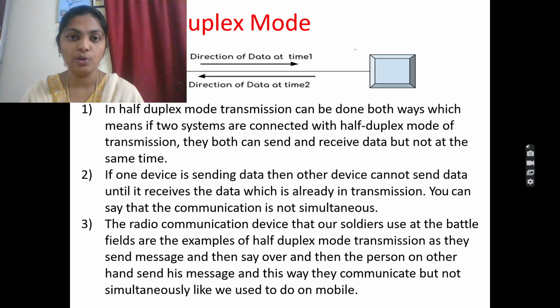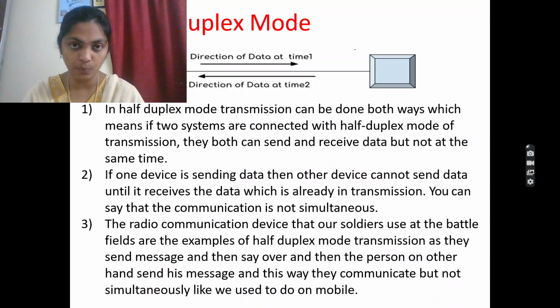The second mode of data transmission is the half duplex mode. In half duplex, both persons can act as a sender and a receiver, but what is half duplex? The thing is, they both cannot send at the same time.